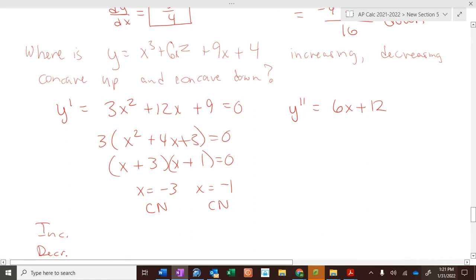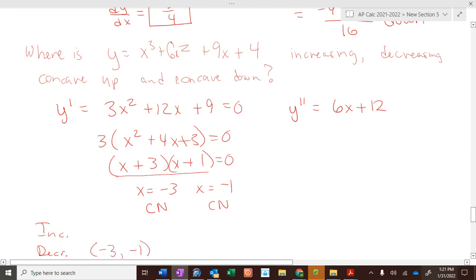Negative 2 gives a negative, so it's decreasing from -3 to -1.